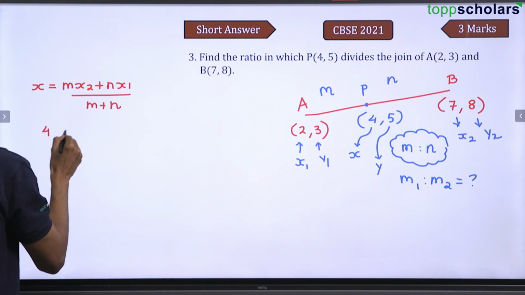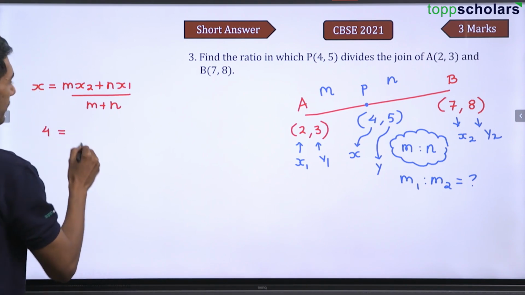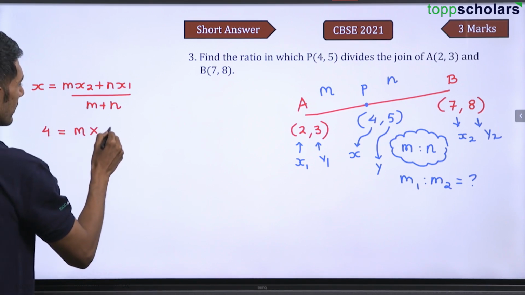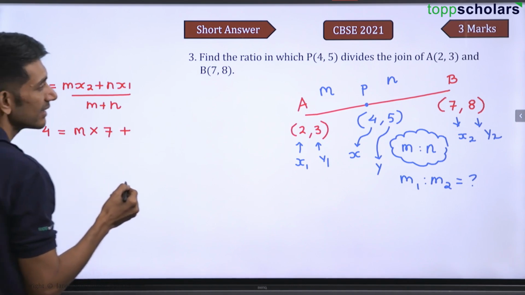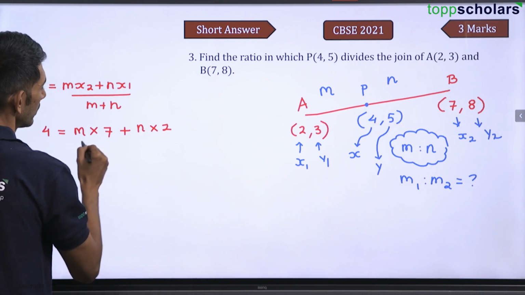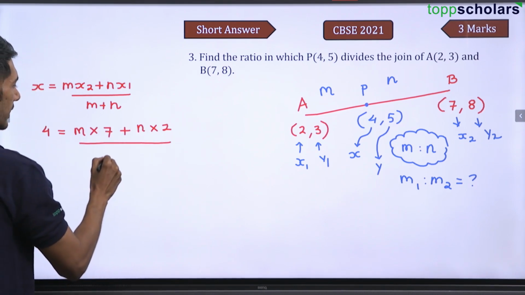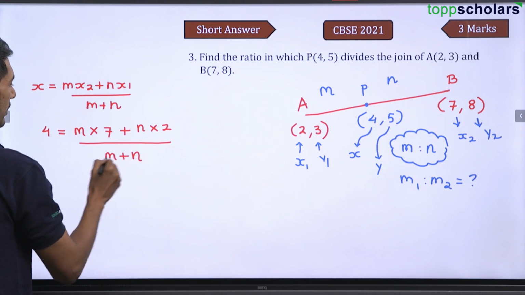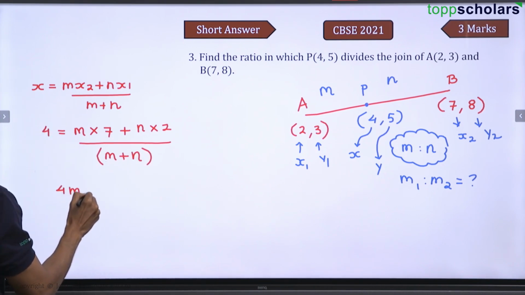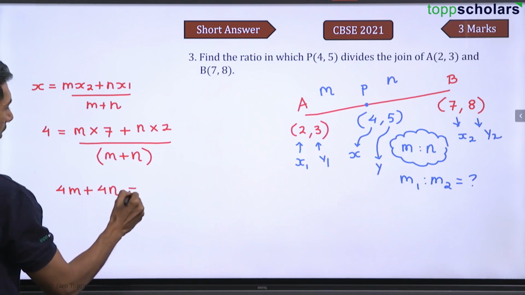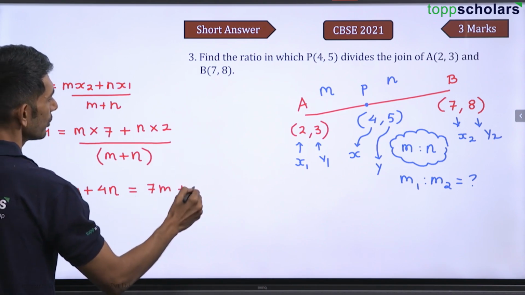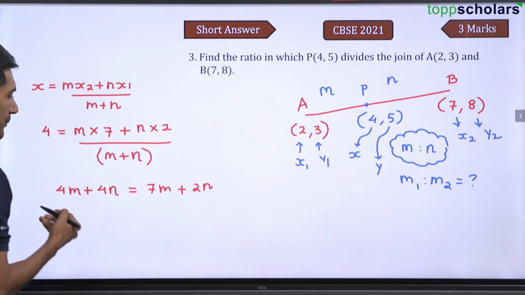So put 4 is equal to m into x2, x2 is 7, plus n into x1, x1 is 2, by m plus n. Keep m plus n as it is. Now take this entire m plus n on the other side. You get 4m plus 4n is equal to 7m plus 2n, correct?